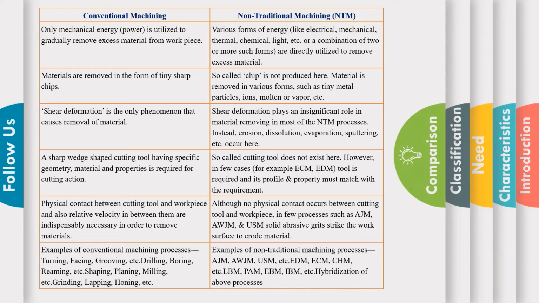Second point, for conventional machining, materials are removed in the form of chips. Here in NTM, there is no chip formation. Material is removed in various forms such as tiny metal particles, ions, molten material, or vapor, etc. Third point about conventional machining is shear deformation is the only phenomenon that causes removal of material.